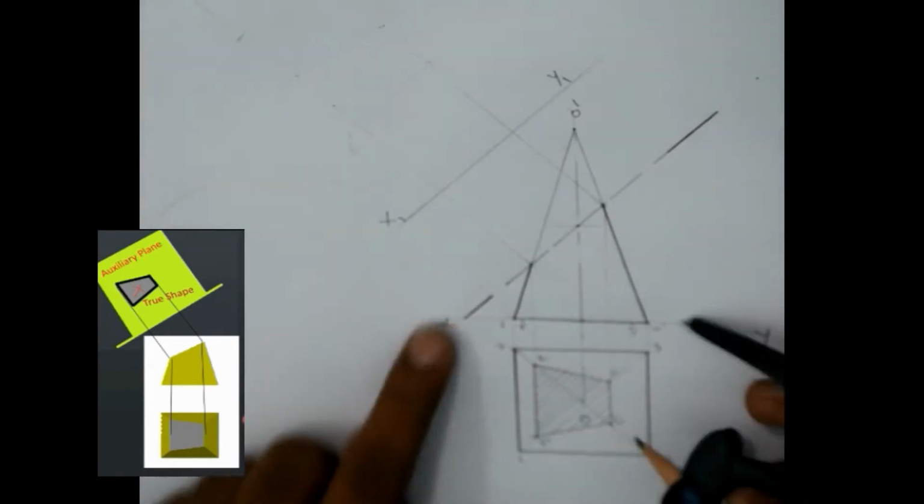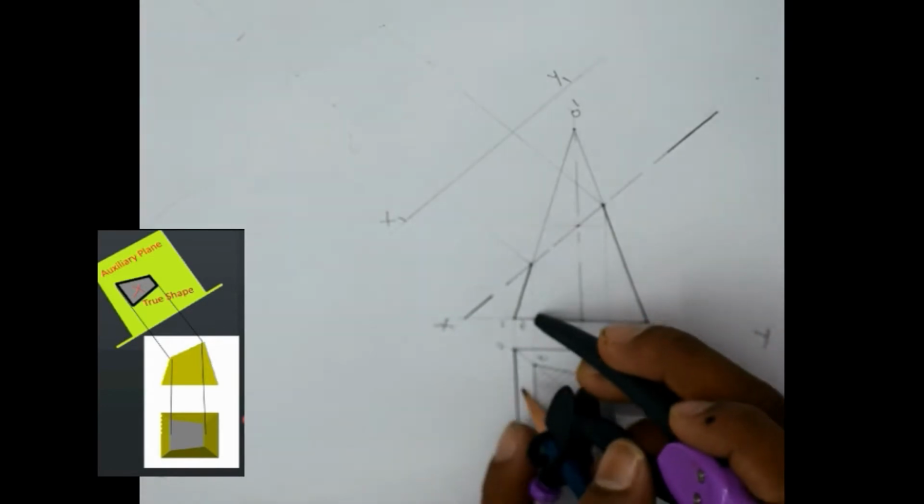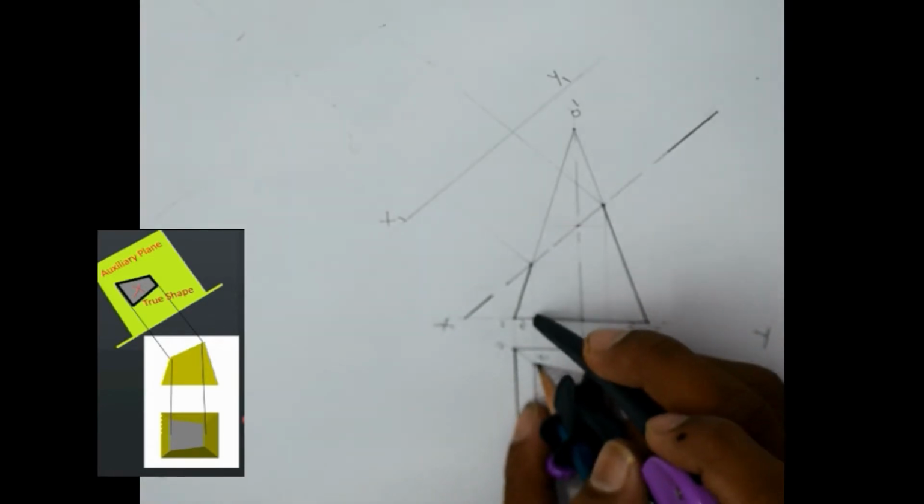So for getting the true shape or auxiliary shape, see that from xy line the B is at a distance of this much.